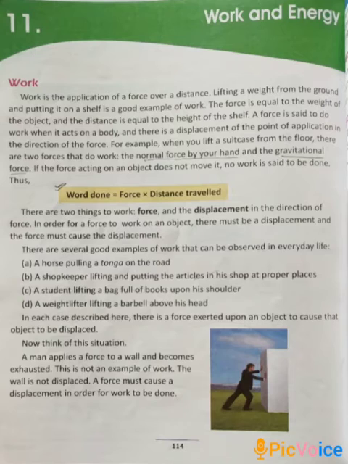Children, what is displacement? Displacement means the action of moving something from its place or position. Okay? For example, when you lift a suitcase from the floor, there are two forces that do work: the normal force by your hand and the gravitational force.